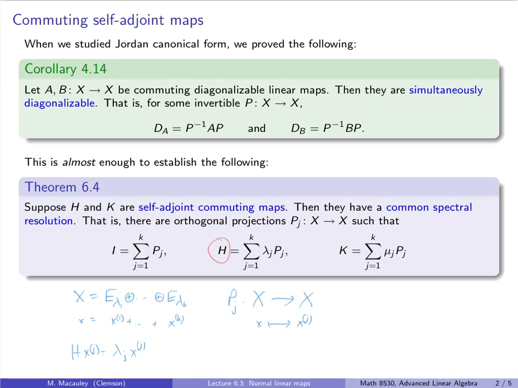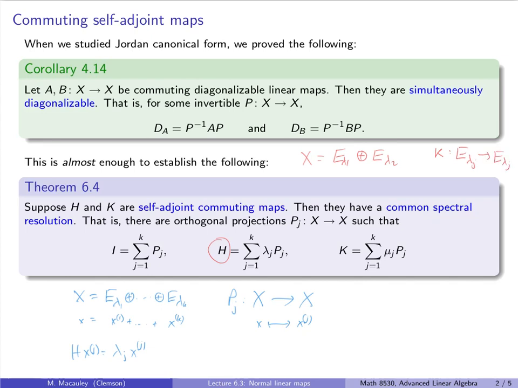So maybe X is equal to E lambda 1, the direct sum with E lambda 2. Because K commutes with H, this was the key idea. Because K commutes with H, that means that K restricted to either of these subspaces is invariant. So in other words, K sends E lambda j to E lambda j.